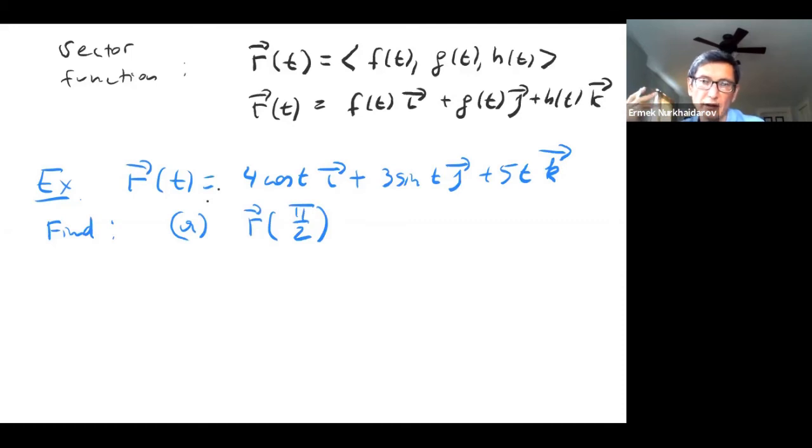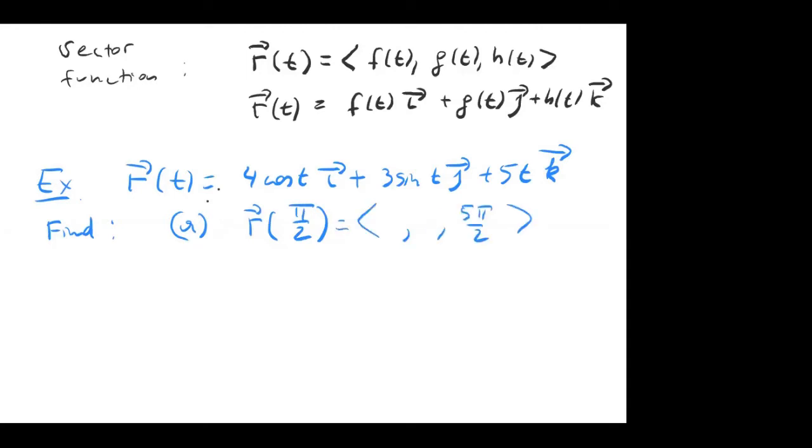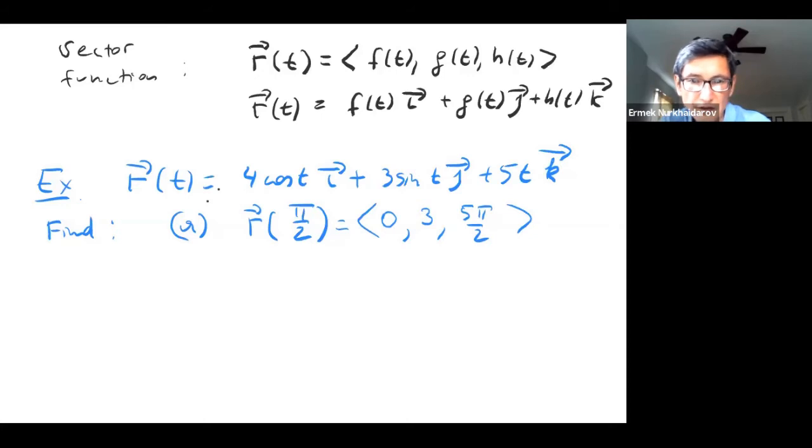Okay, so that will be the position of the particle. Cosine of pi over 2 is 0, so I should put 0 here, and 3 here. So basically all you have to do is just substitute.